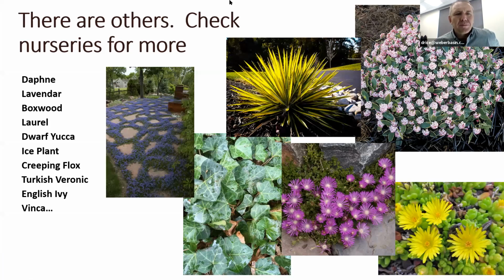And then, there's more. There's a lot more, but for sake of time in going through all these, I tried to just show kind of a little hodgepodge, a little smattering of different pictures here of different evergreens. So you could grow yucca as an evergreen.